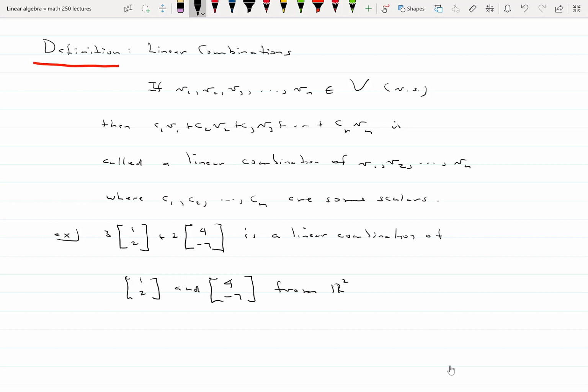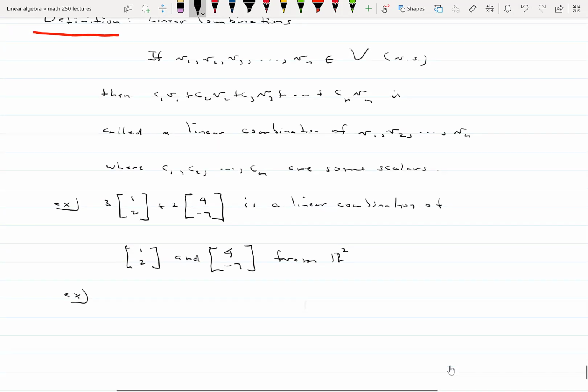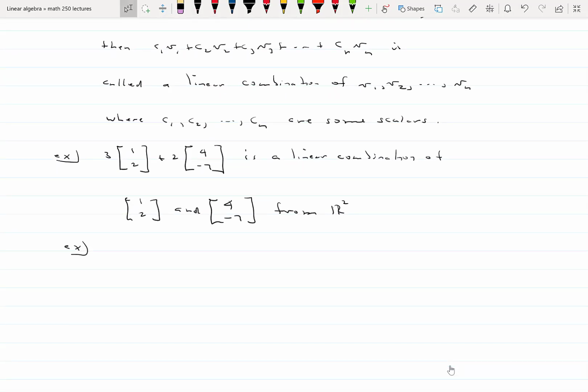Let's take a look at another example. Let's say 3 times sine of x plus 2 times cosine of x. This is a linear combination of two vectors, sine of x and cosine of x.